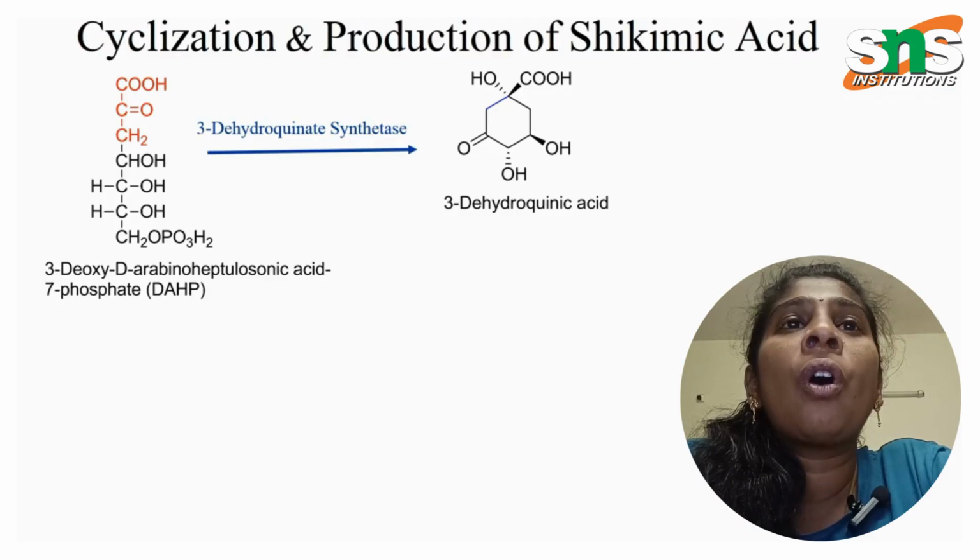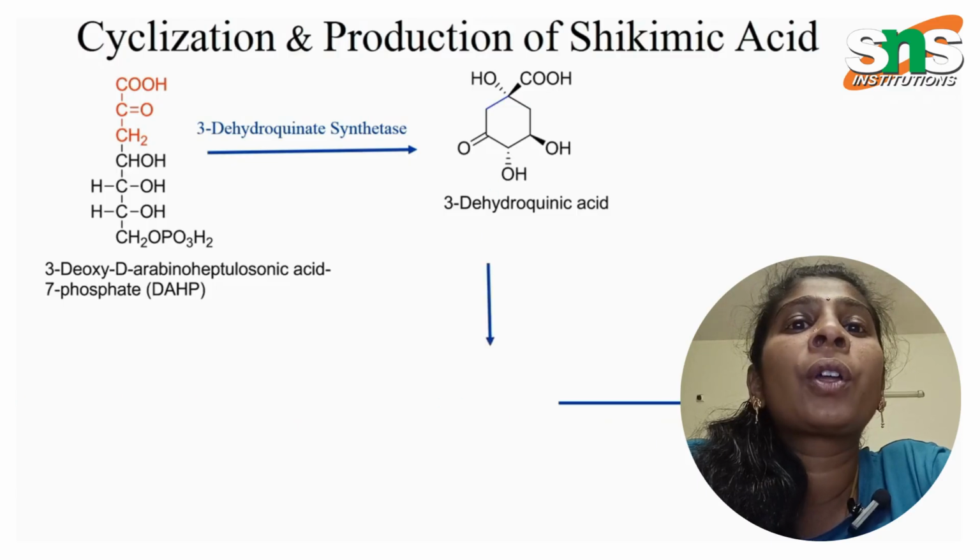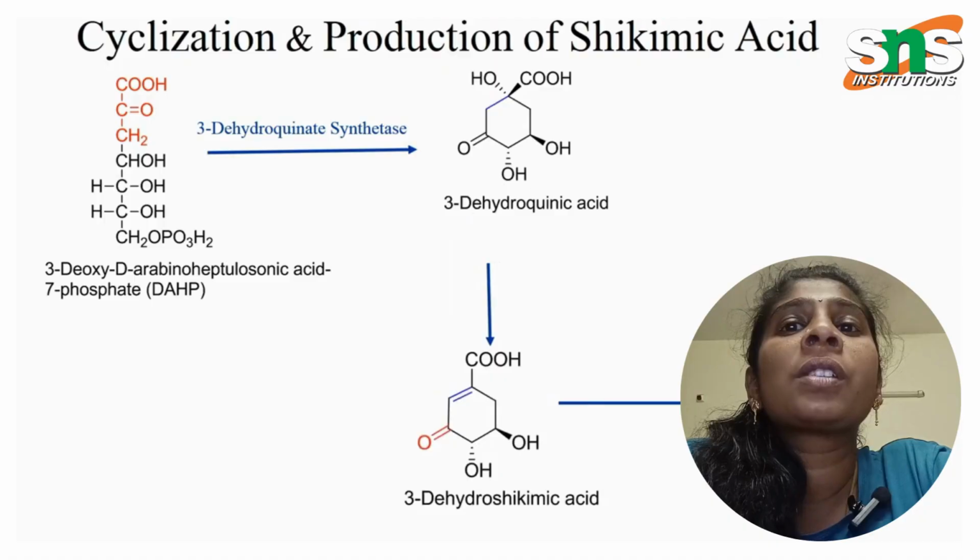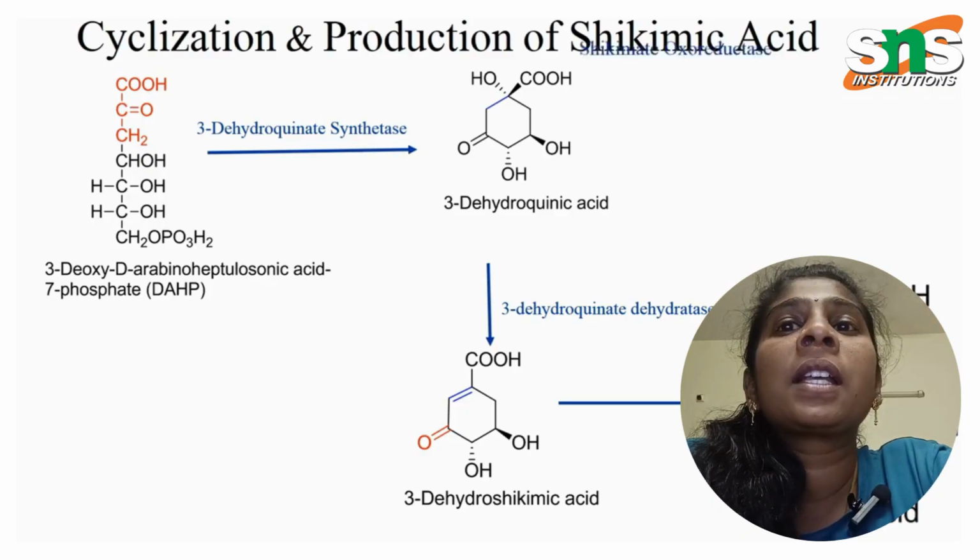The production of Shikimic acid from 3-dehydroquinic acid occurs in two steps. In the first step, 3-dehydroquinic acid loses a water molecule and forms 3-dehydroshikimic acid in the presence of enzyme called 3-dehydroquinate dehydratase. 3-dehydroshikimic acid is now changed to Shikimic acid in the presence of enzyme called Shikimate dehydrogenase.